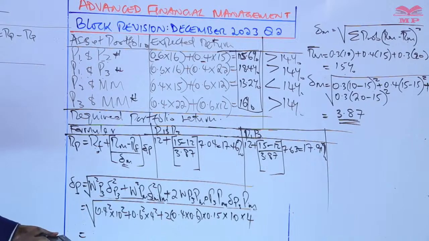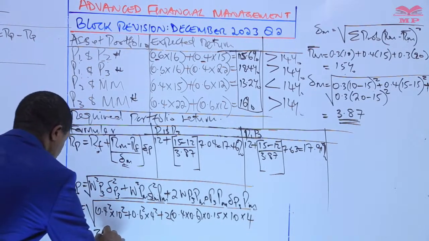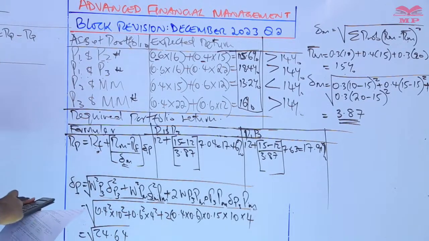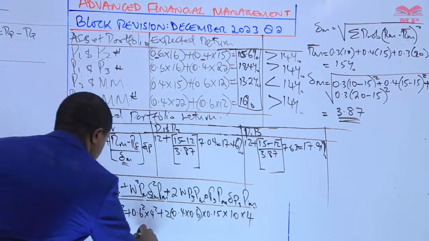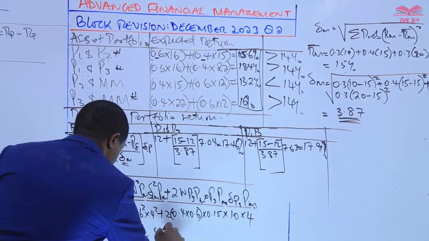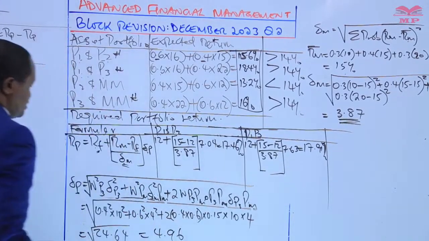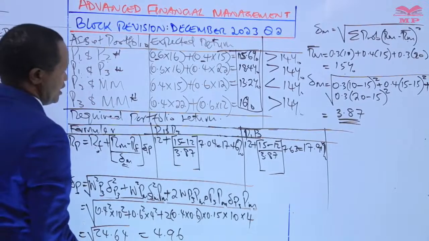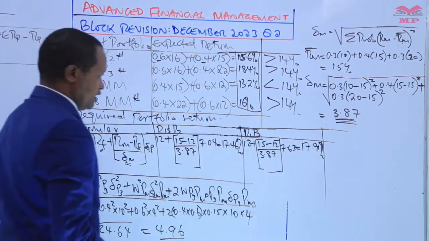So we can calculate now. 24.64, get the square root. It is equal to 4.96. That is the standard deviation for P3 and the market.